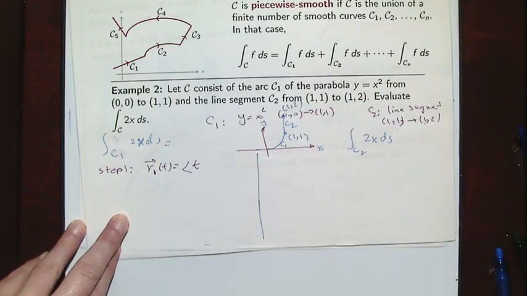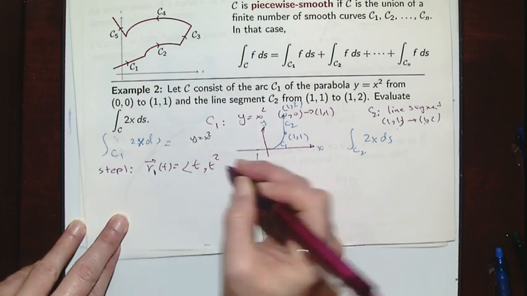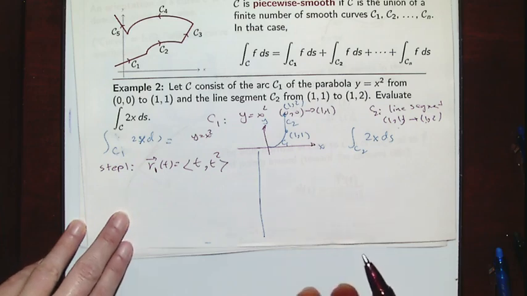If x is the parameter, what would y be? T squared? Sure? I'm parameterizing y equal to x squared. That's a valid parameterization. Not everything has to be trigonometric.